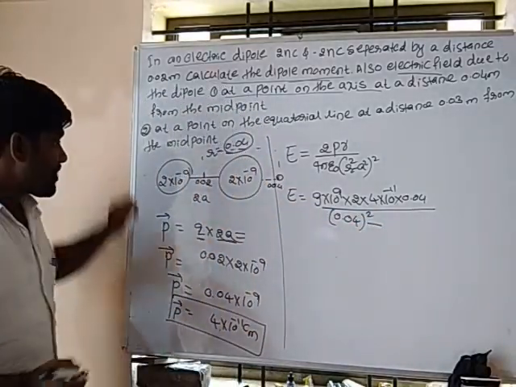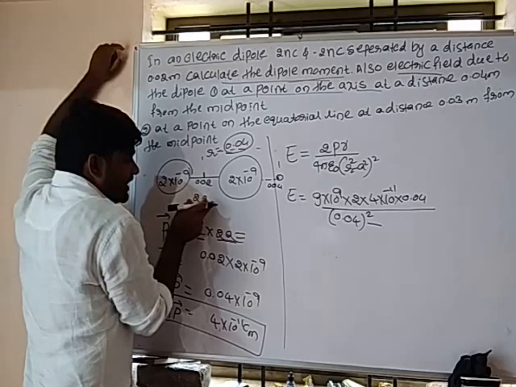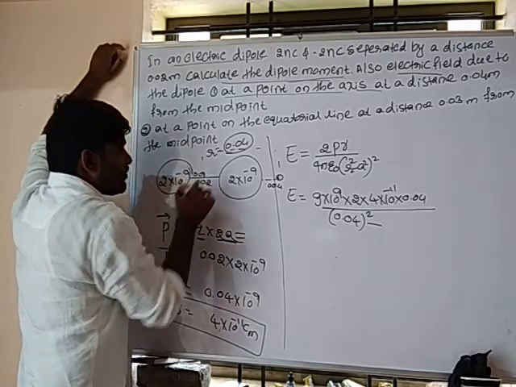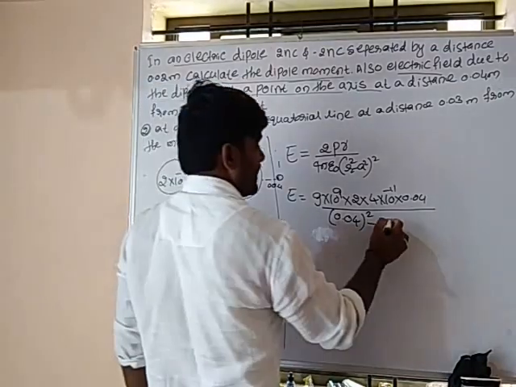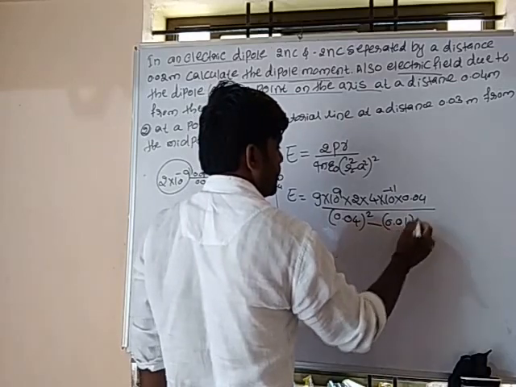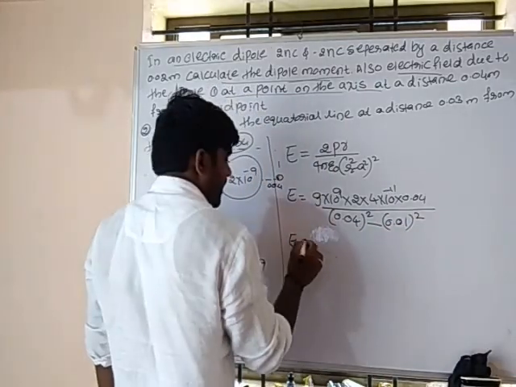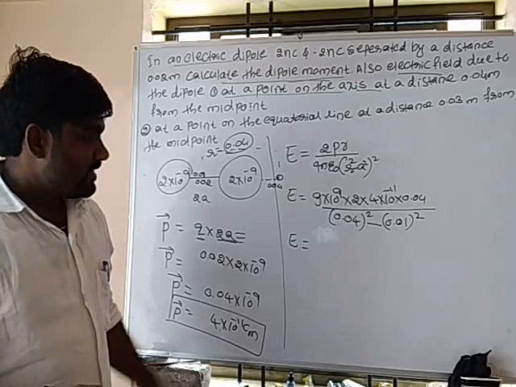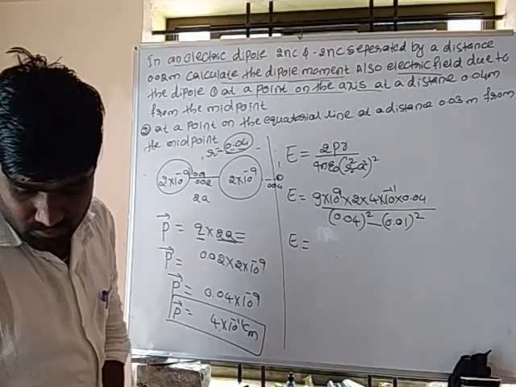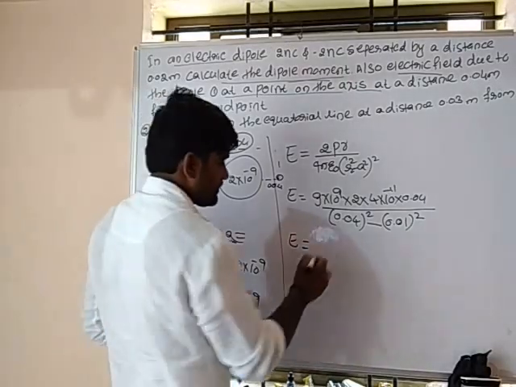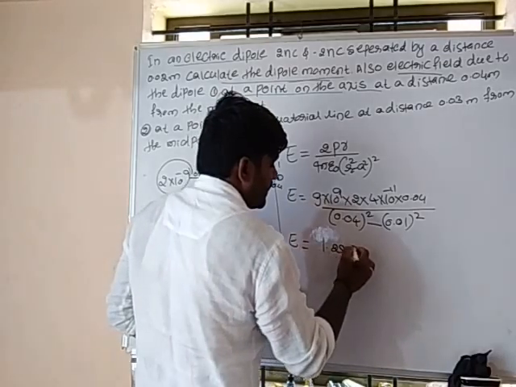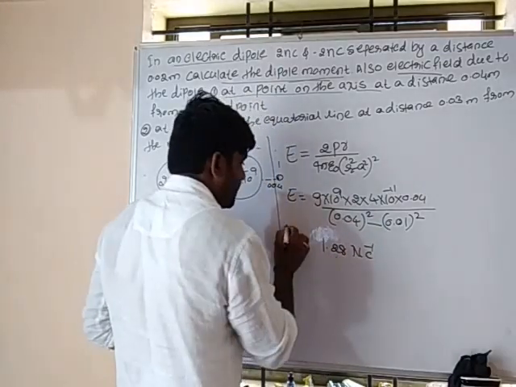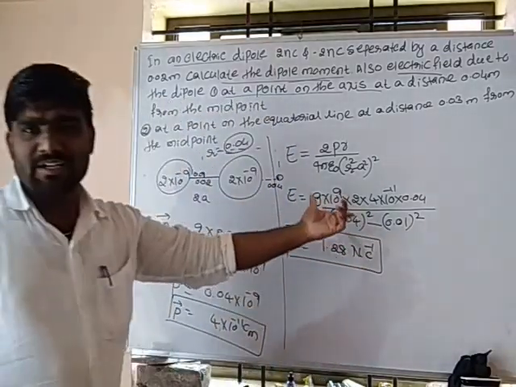What is A? See here, total is 2A, so it will be 0.01, 0.01 its square. After solving this we get the answer 1.28 Newton per Coulomb. Solve this by using a calculator.